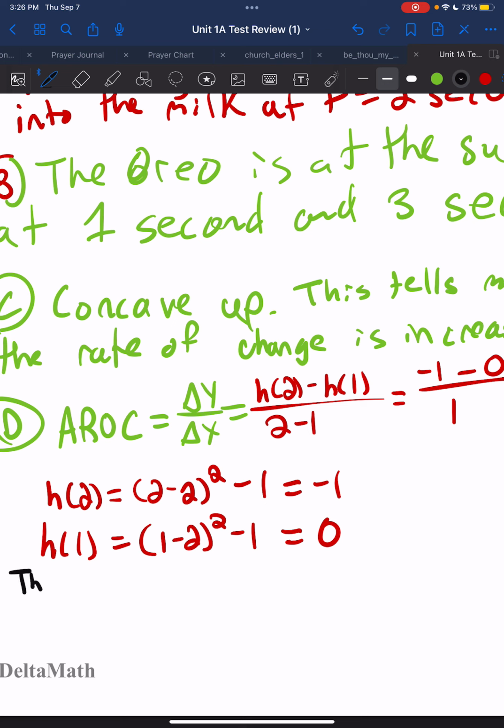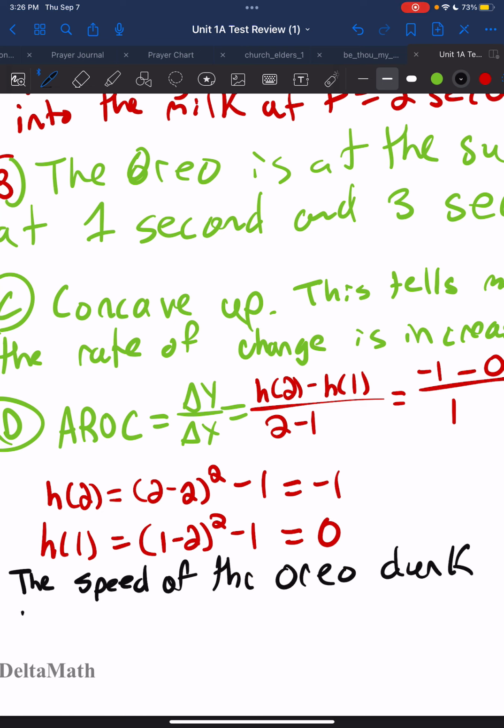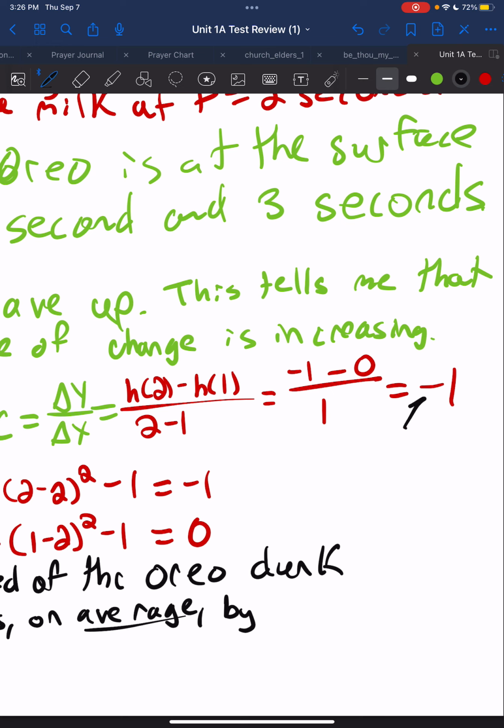So the speed of the Oreo dunk decreases on average, because it's average rate of change, on average, by... decrease comes from the negative, and then what am I decreased by? 1 inch.